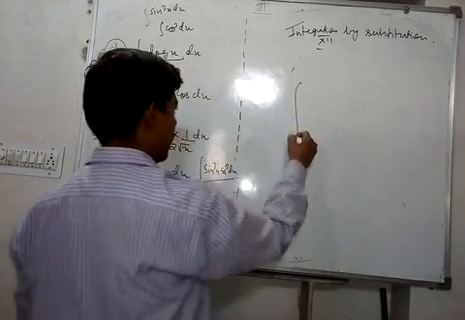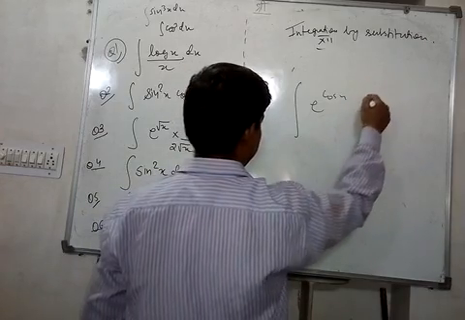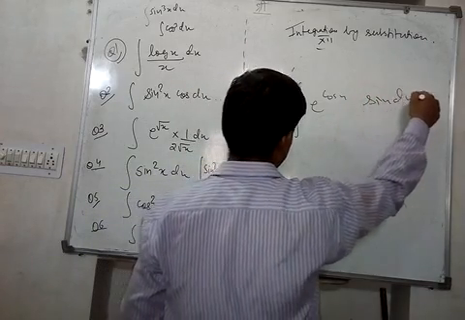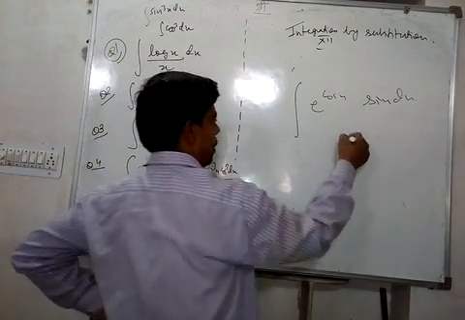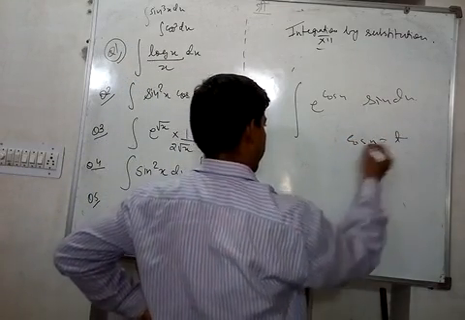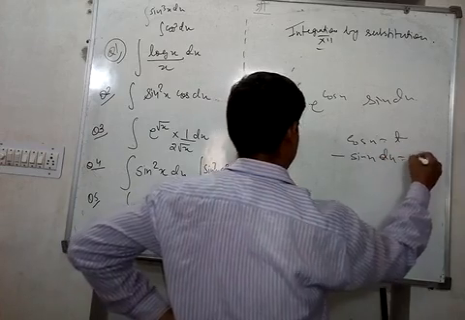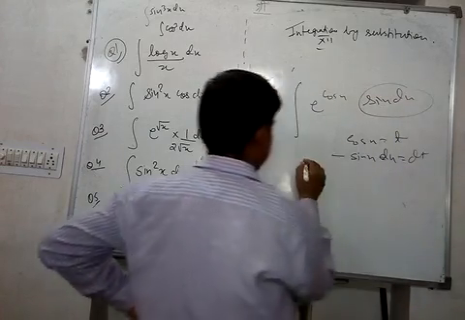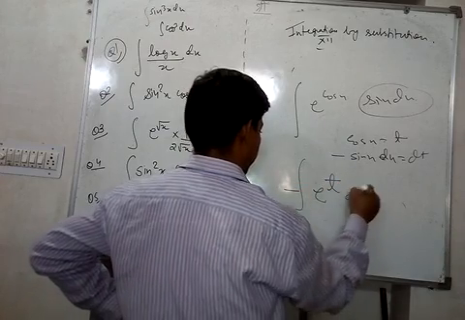Suppose you have to integrate e to the power cos x into sin x dx. This you have to integrate. Cos x can be taken as t. Cos x is t, you will get minus sin x dx is equal to dt. This is e to the power t into minus dt.